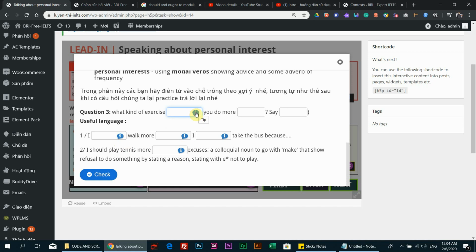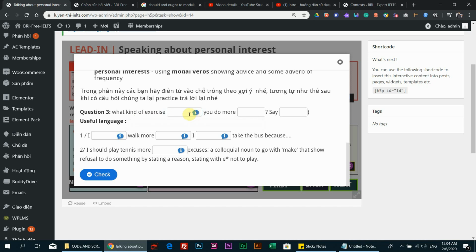The words are not provided, so you can put them into the places, but you have to guess the word. So what kind of exercise? Here we have to put what kind of exercise? Okay.